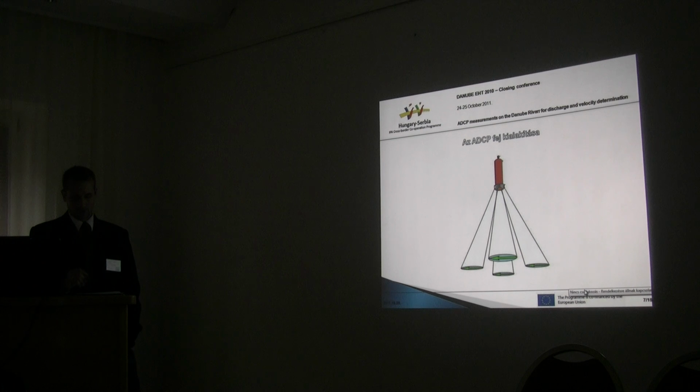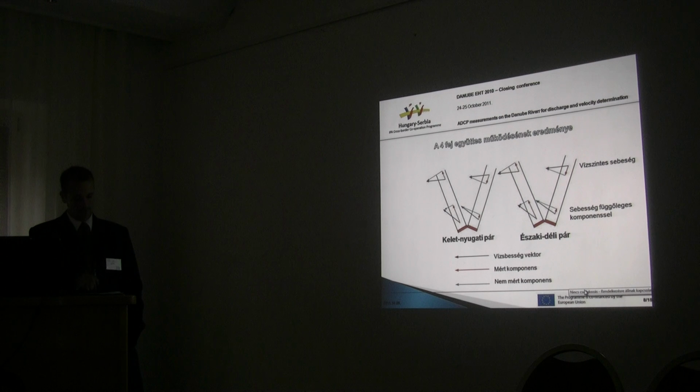In order to measure 3-dimensional velocity vectors, 3 transducers will be enough. The 4th one is there to have control over the 3 others. In this figure, the simultaneous operation of the 4 transducers can be clearly shown.